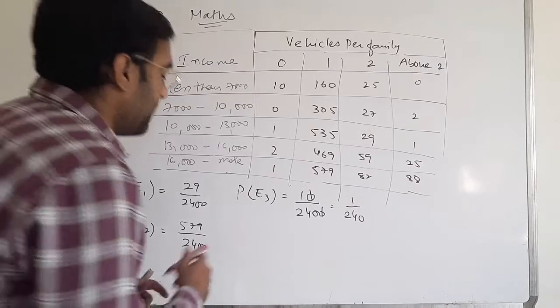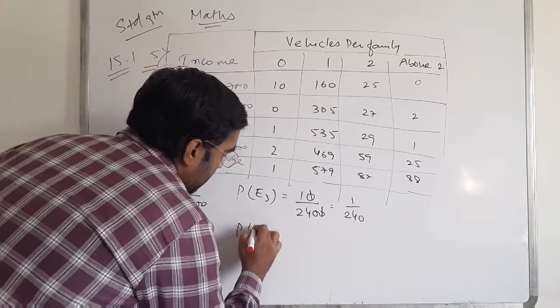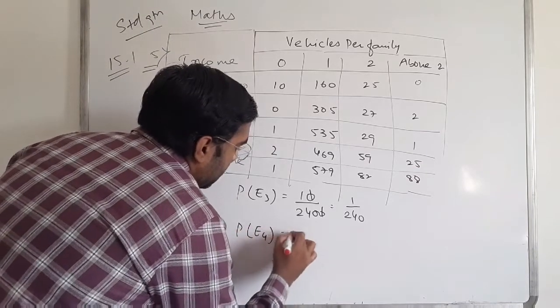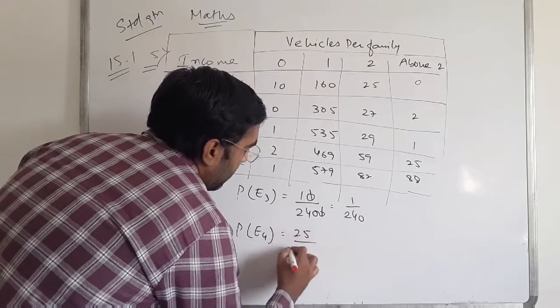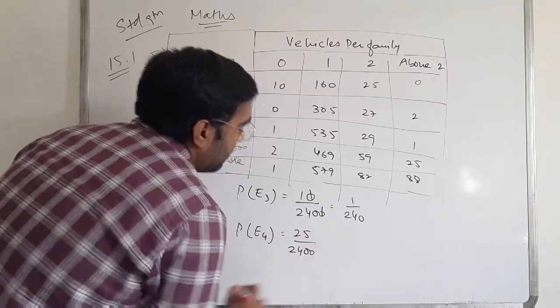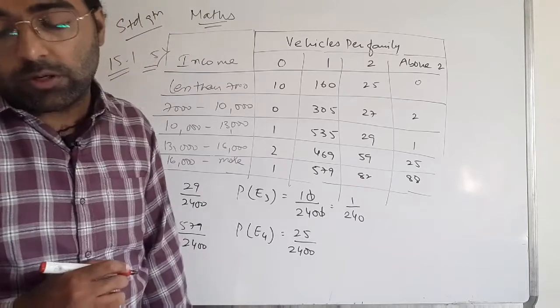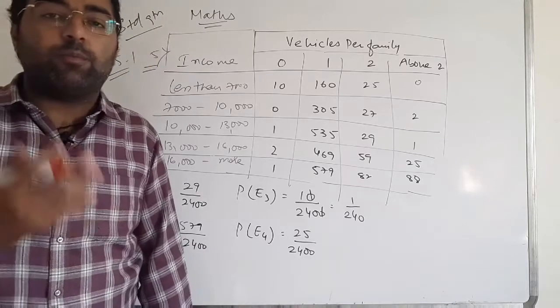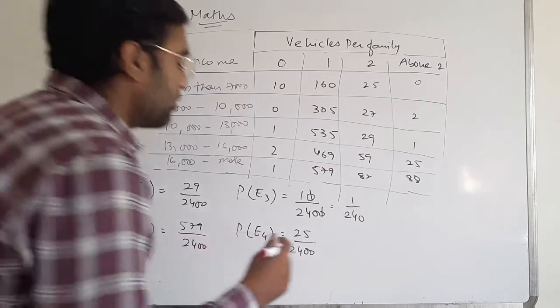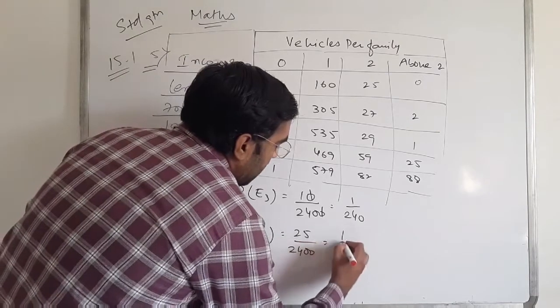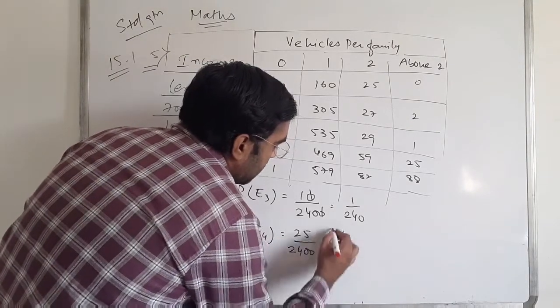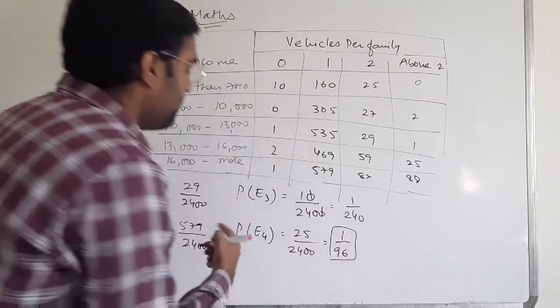So your P of E4 is 25 by 2400. When you cancel, the answer will be 1 by 96 in this case. Okay, P of E4.